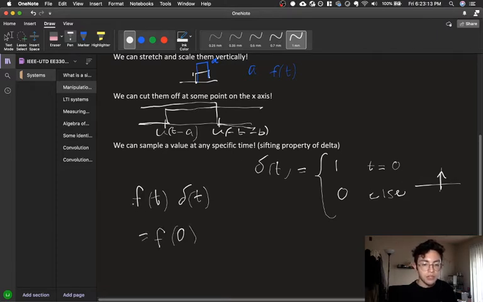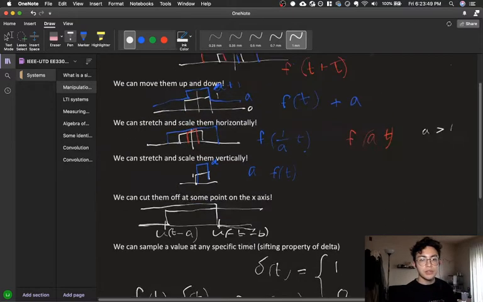If we multiply some function by the standard delta function, we can get different values of this function f by just moving around our delta function. So if we went f of t times delta of t minus a, for instance, then t minus a is 0 when t is equal to a. So this will equivalently give us f at some constant a.